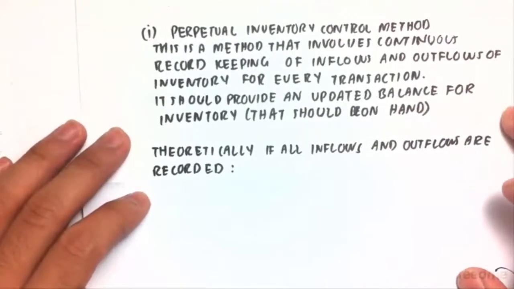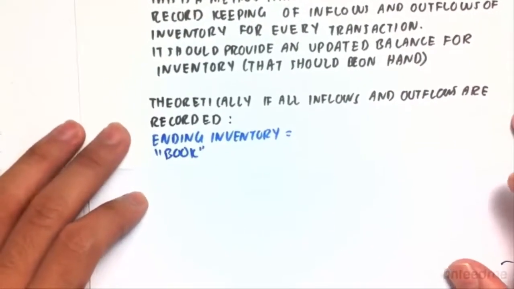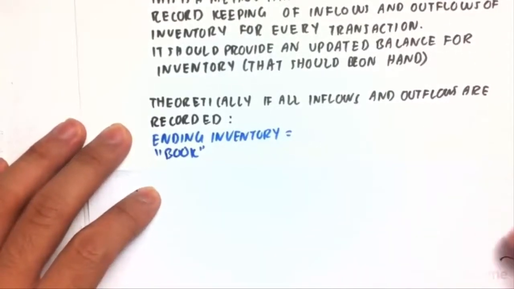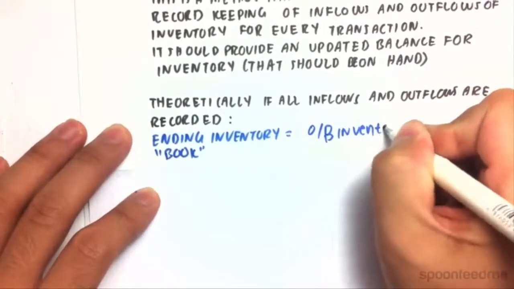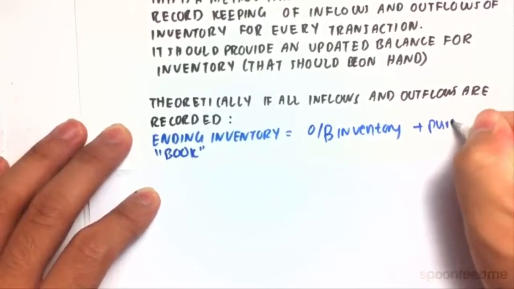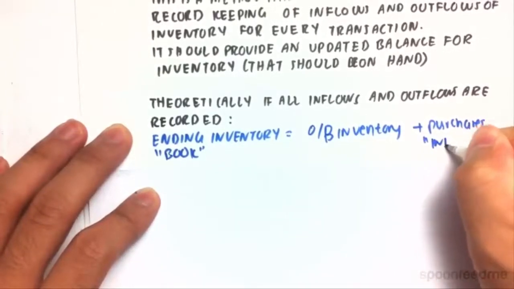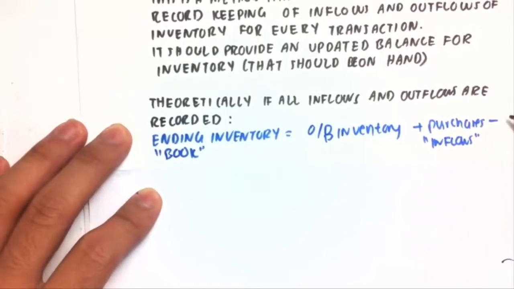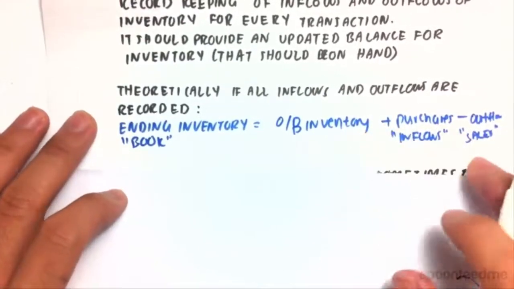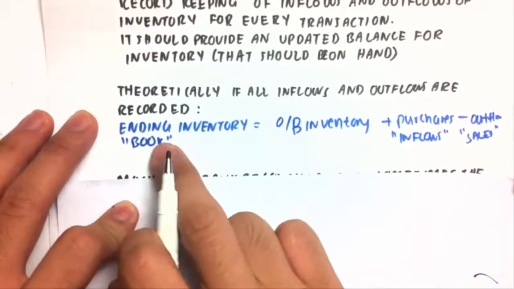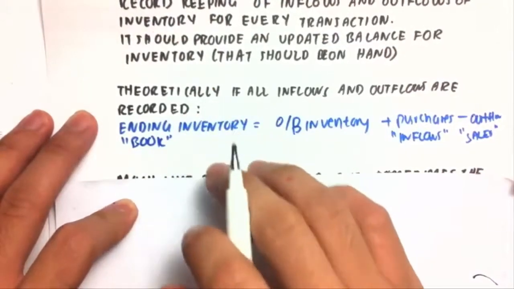So theoretically, if all inflows and outflows are recorded, the ending book value of inventory should equal opening inventory plus purchases, which are our inflows of inventory, minus outflows, which are our sales as a result of COGS. Okay, so that should give us the book value of inventory, or what final inventory should be, the value of it.